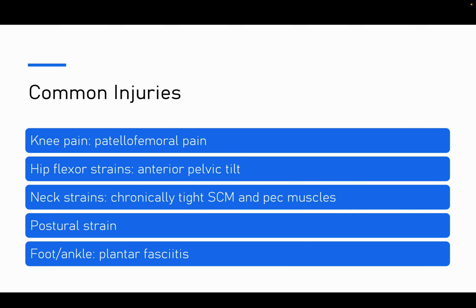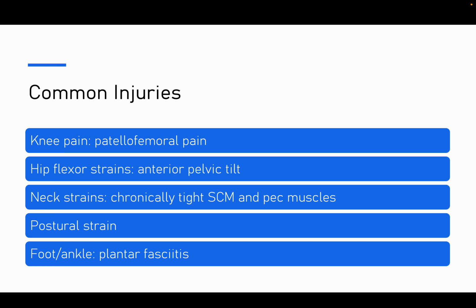So some common injuries that we can see in the superficial front line are a lot of knee pain, which is also known as patellofemoral pain, hip flexor strains like an anterior pelvic tilt, and neck strains, which can be chronically tight sternocleidomastoid and your pec muscles. So you really want to focus on inhibiting those overactive pec muscles and activating the correct muscles.